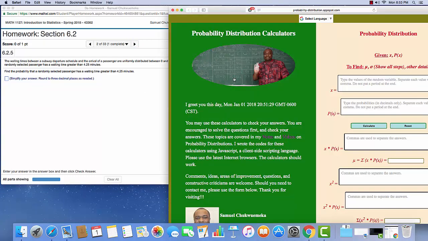I solve it with my calculator. The next question I solve with Statcrunch. The next question I do with my calculator. And we just do it that way, okay? And if there's any question that Statcrunch cannot do, my calculator can do it. Yeah, trust me, I spent a lot of time writing the codes for these calculators. I thank God it works.